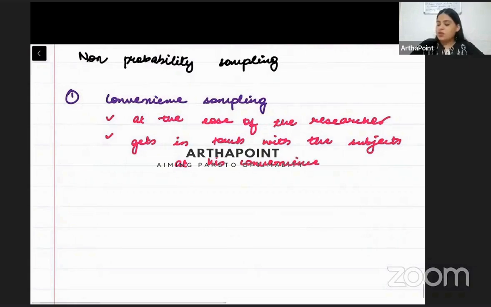And you can just quote an example like going to the mall. I have seen many people doing this. Many of my contacts on LinkedIn, they just post their Google form on LinkedIn and ask people to fill it. But that is at convenience, right? So convenience sampling is done at your ease.